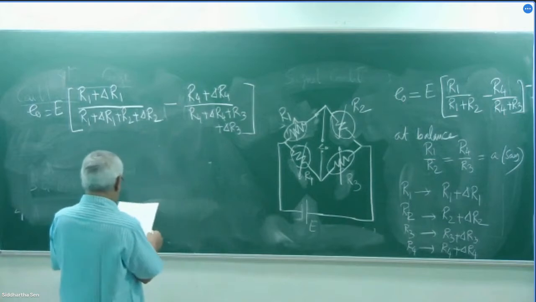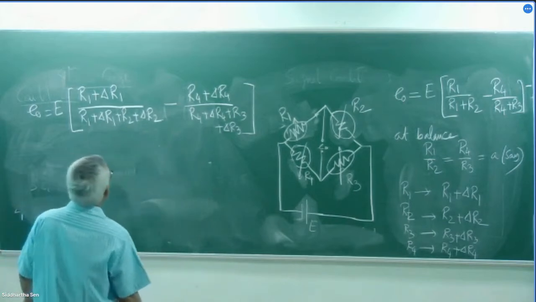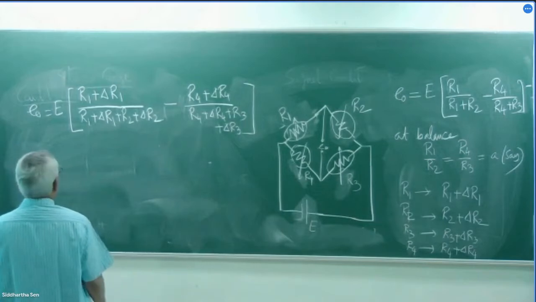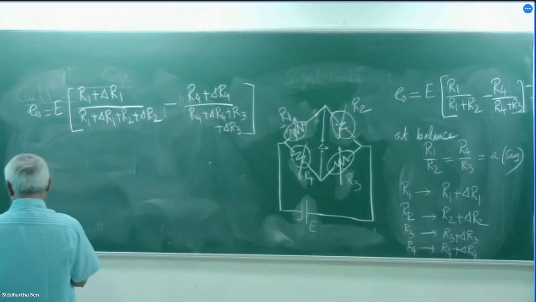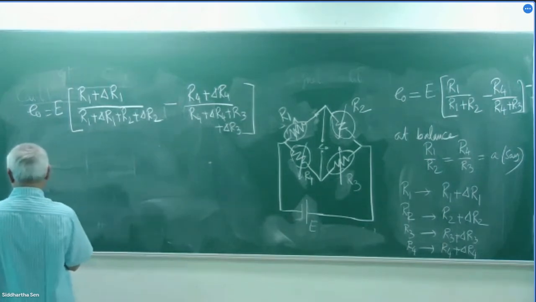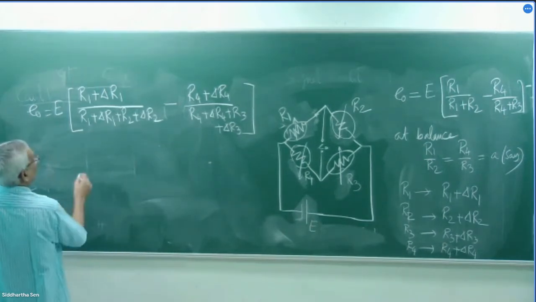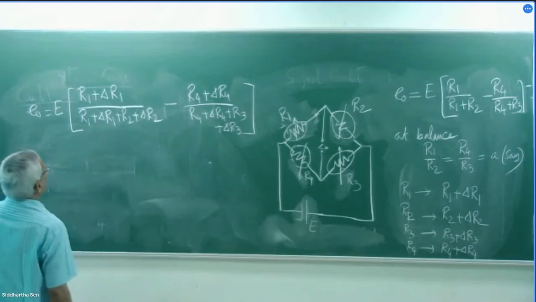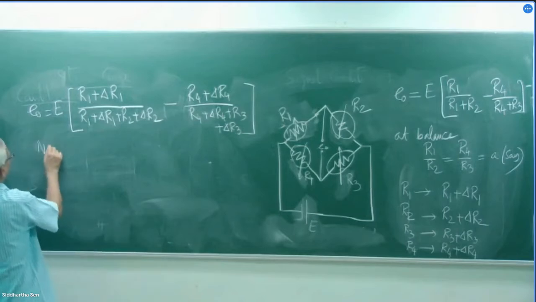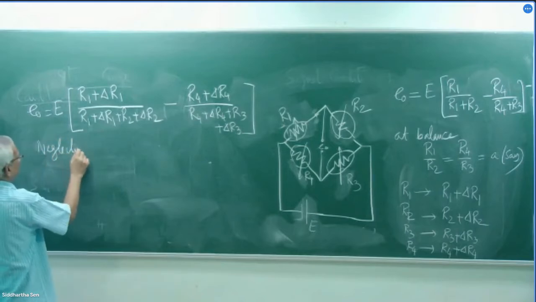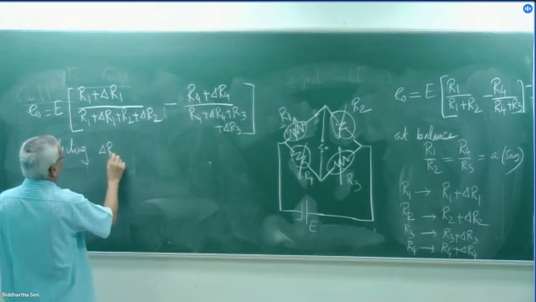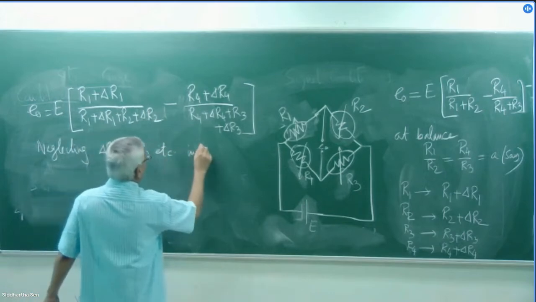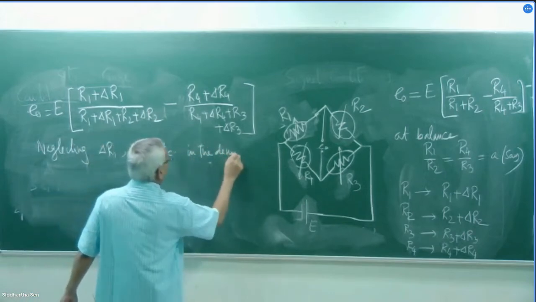So, we can neglect delta R1, delta R2, etc. in the denominator.